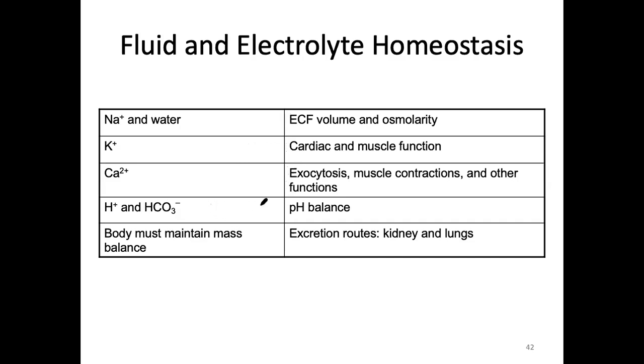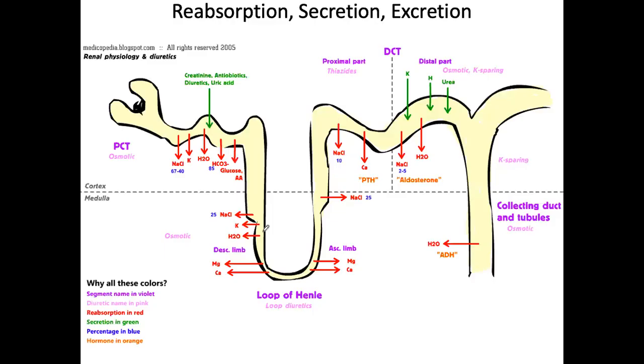Protons and bicarbonate regulate your pH. Your body must maintain mass balance. What the heck does that mean? Whatever you're taking in, you need to kick out. So if you're taking in excess protein, you need to get rid of the nitrogen source, and so you're going to kick it out at the kidney. If you're making more CO2, you need to kick that out of the lungs. You need to regulate pH at the lungs and kidney.